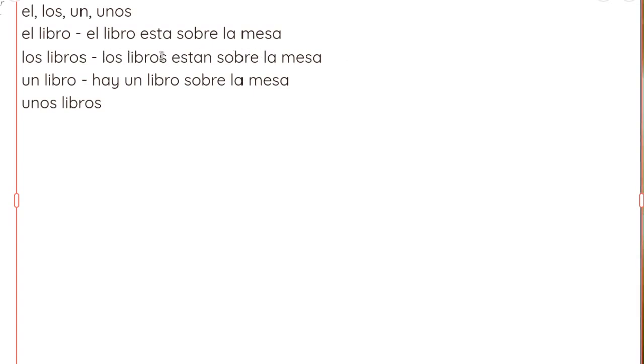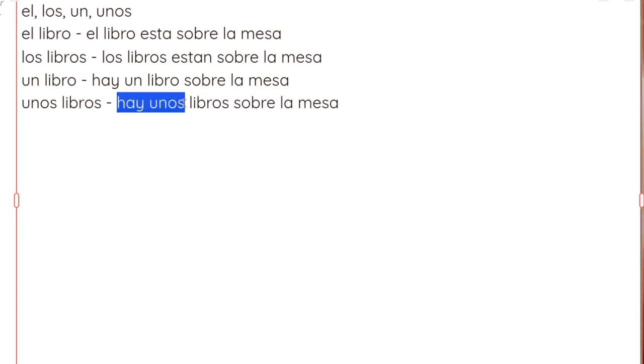The books are on the table. On or over the table. La mesa. This one. There hay unos libros sobre la mesa. In this case, it's the same word, but this one is plural, right?